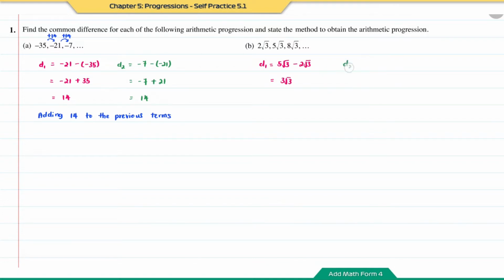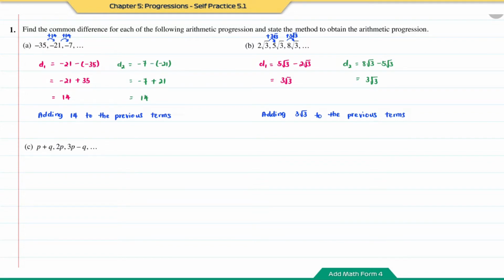You can also find the common difference using 8 surd 3 minus 5 surd 3. This will give you the same answer of 3 surd 3. So the method to obtain this arithmetic progression is that you are adding 3 surd 3 to the previous term.